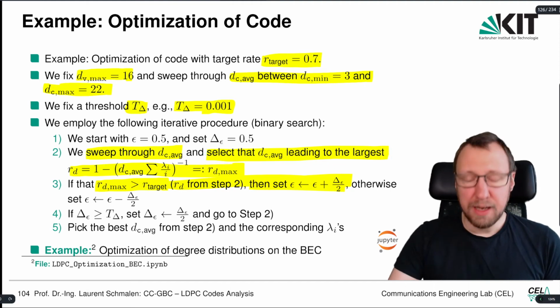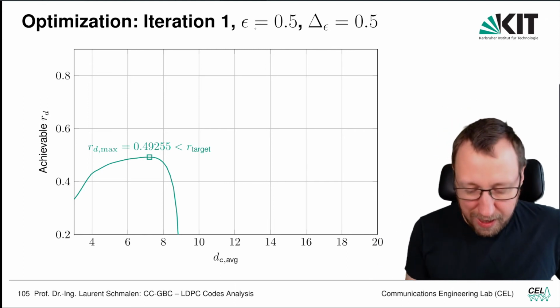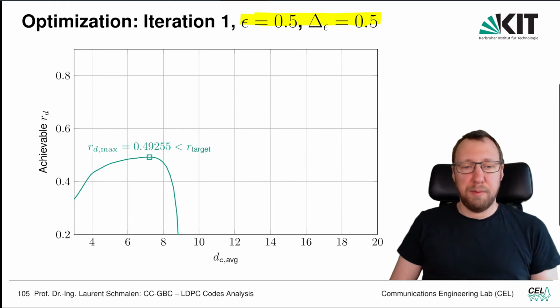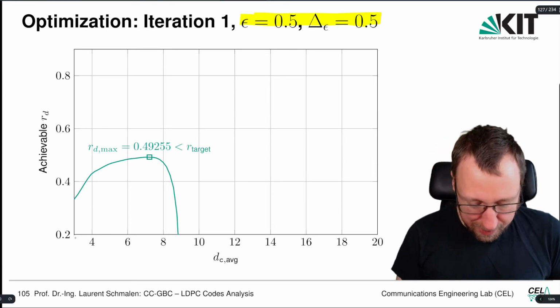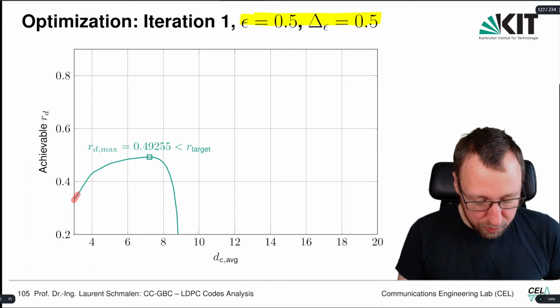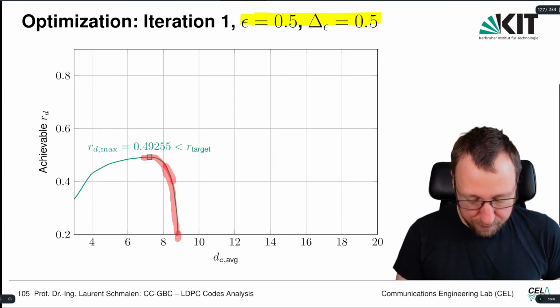So let's take a look at the example. We start at iteration 1 with epsilon equals 0.5 and delta epsilon equals 0.5. Then we run the optimization for DC average starting at 3 up to 20. And we see that we get codes of a certain rate given by this curve. Eventually, it will stop.